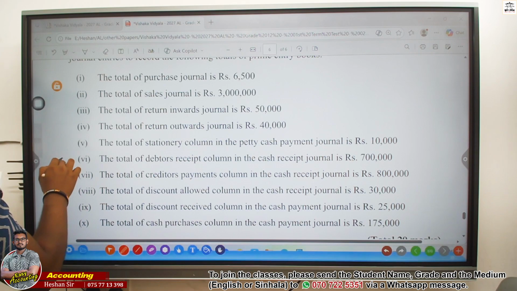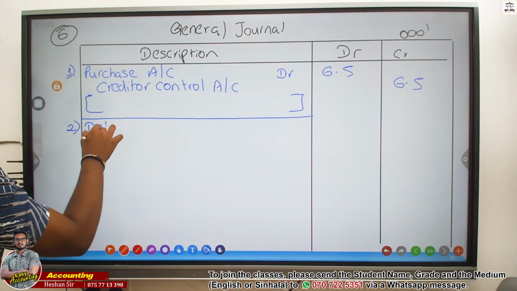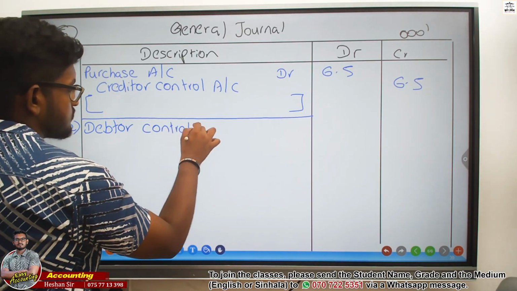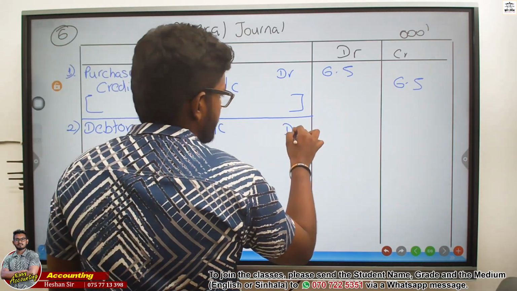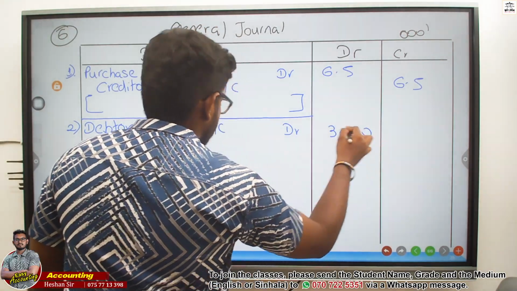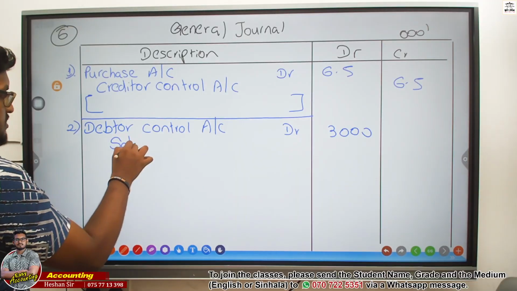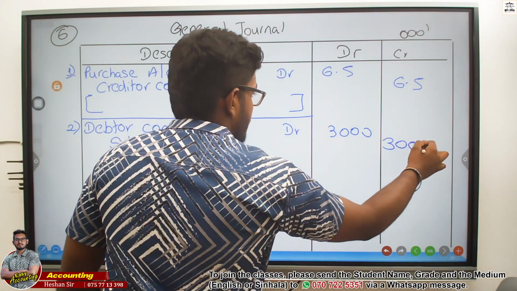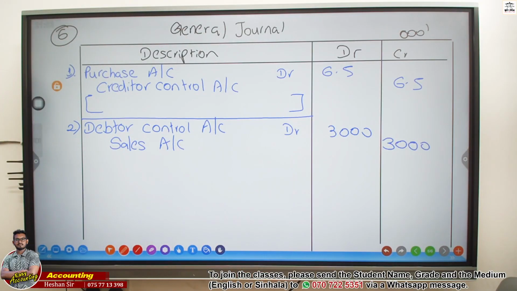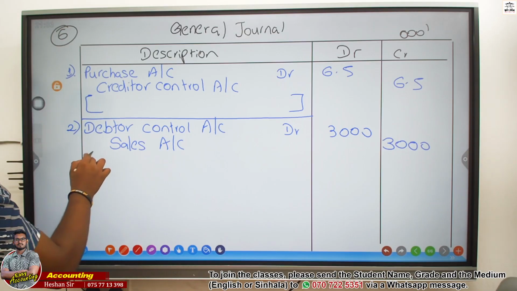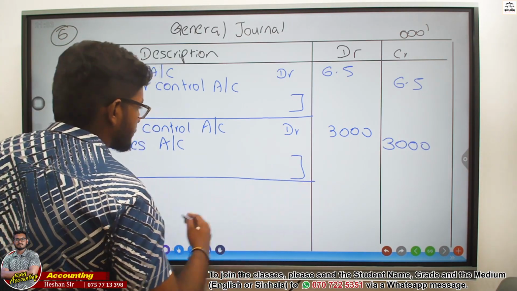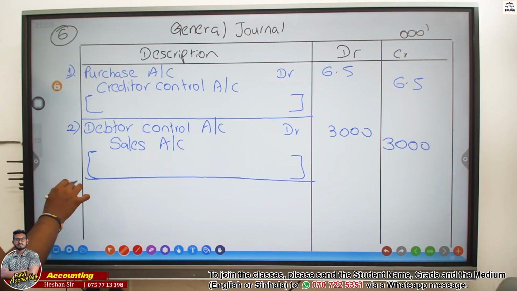So debtor control account debit 3,000, sales account credit 3,000. You can write the narration the same: recorded the sales journal total in the general ledger.